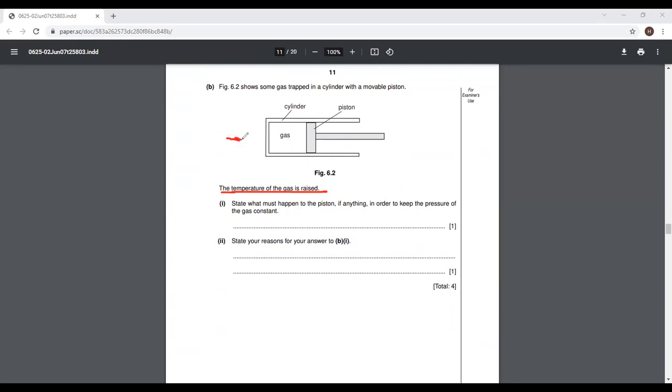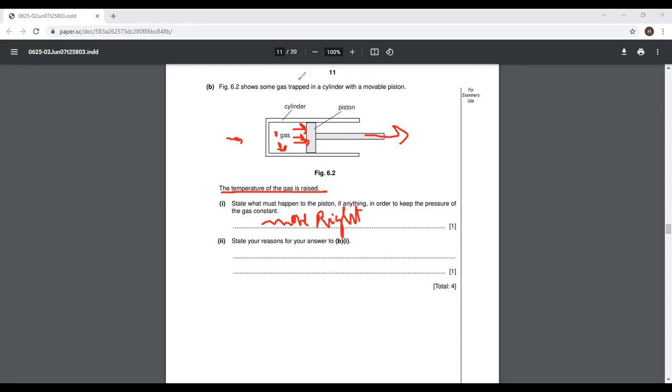For sure, when heated here, the gas molecules will start to move faster, move towards the wall of the container, and apply a force here. Once they apply a force, this piston will move to the right. If you said it will move to the right, it will be okay. State your reason in B I.